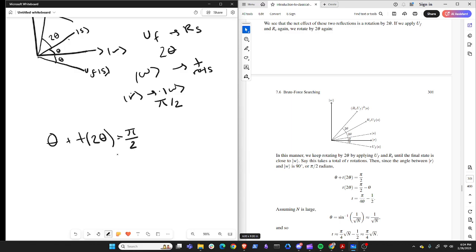Simplifying, T times 2 theta equals pi over 2 minus theta, and T equals pi over 4 theta minus 1/2.